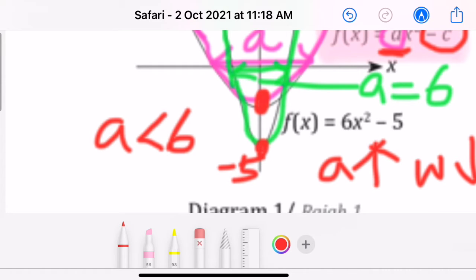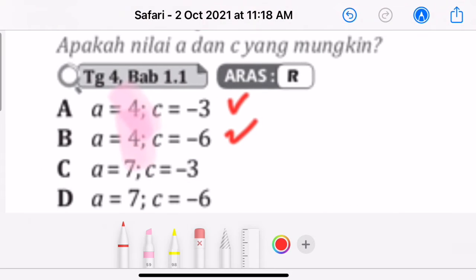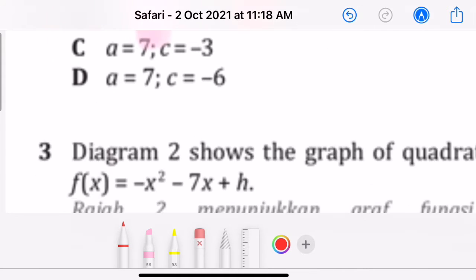Obviously, this c should be bigger than -5. c is a negative value, so it should be -2 or -3 or -4. So we will see c. This one is logical, so the answer is A. That's how you decide the answer.